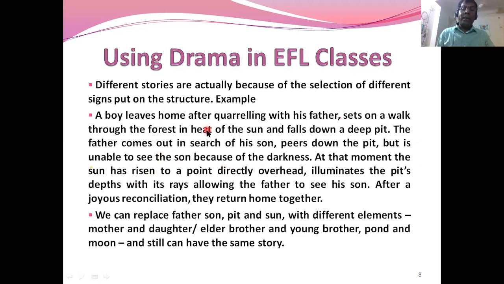Or perhaps the sun did not set. Okay, the pit was dark because the sunlight was not getting into the pit. Although the father looked inside the pit, he could not see anything because the pit was dark.